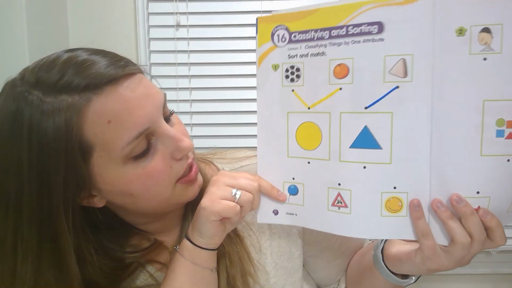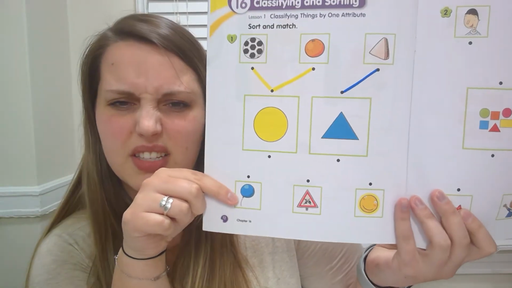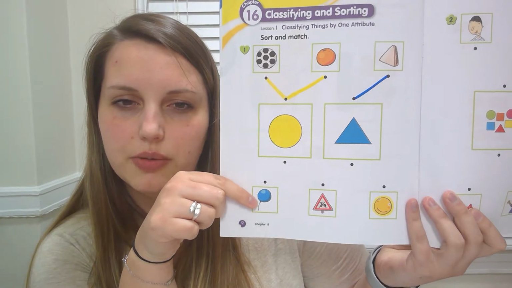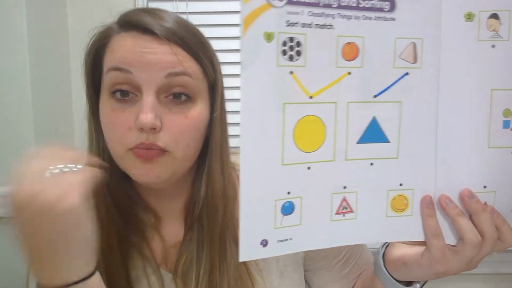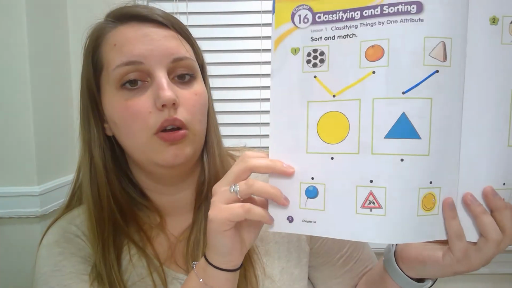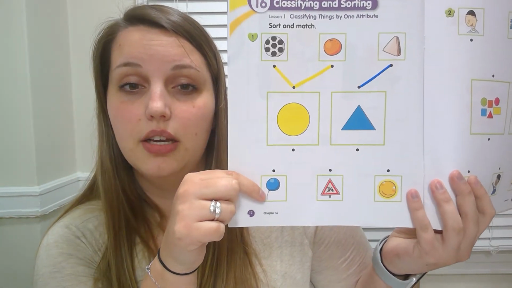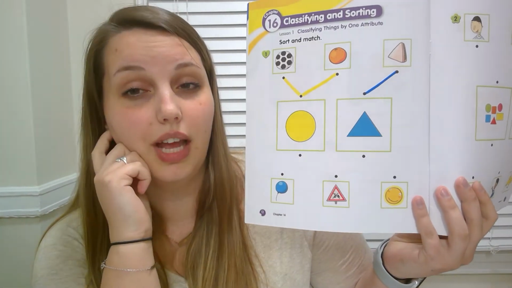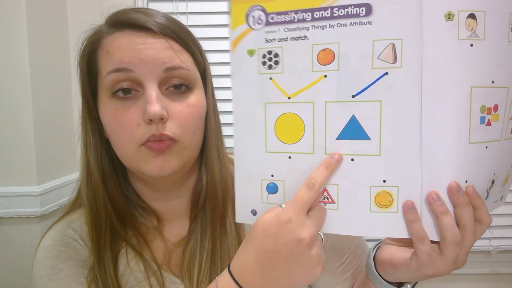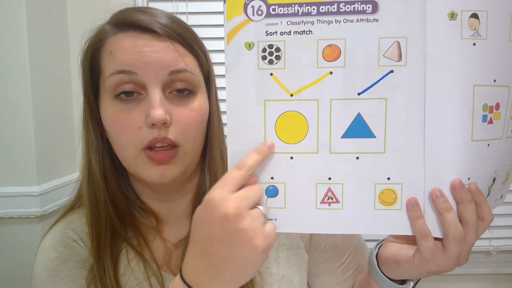Okay, let's do one more together. Looking at this object, what is this? What object are we seeing right here? Right, a balloon. So, does this object have the same characteristics as, or look like the shape, the triangle or the circle?